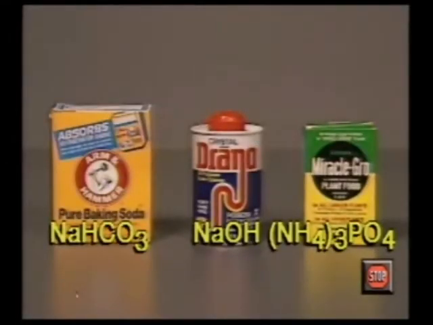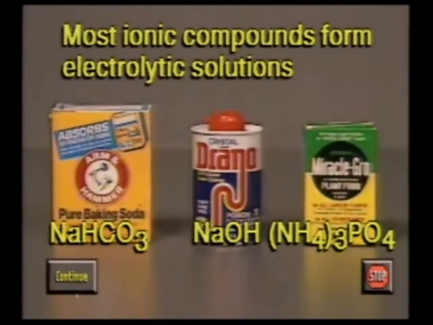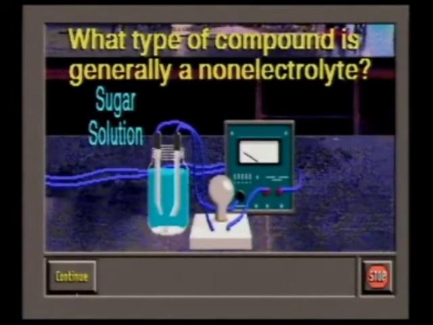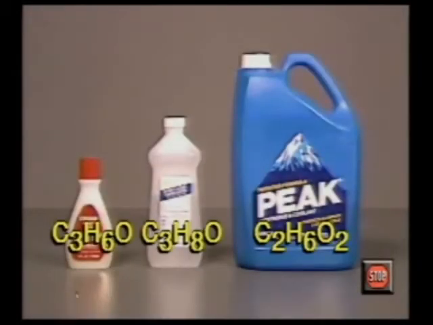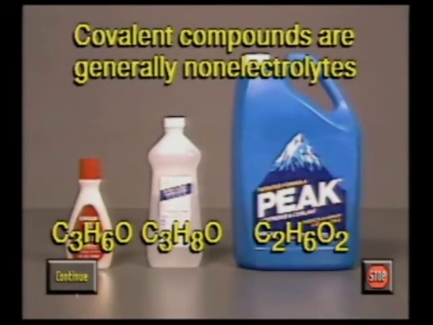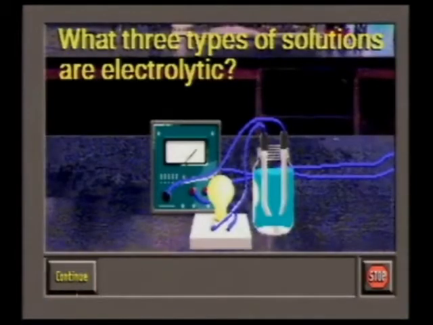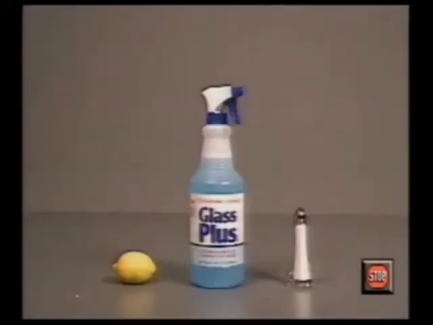Ionic compounds that dissolve in water form electrolytic solutions. Covalent compounds are generally non-electrolytes. Aqueous solutions of acids, bases, and salts are examples of electrolytic solutions.